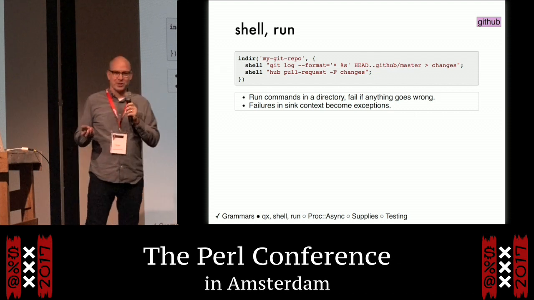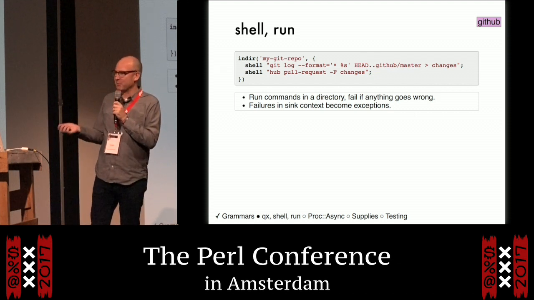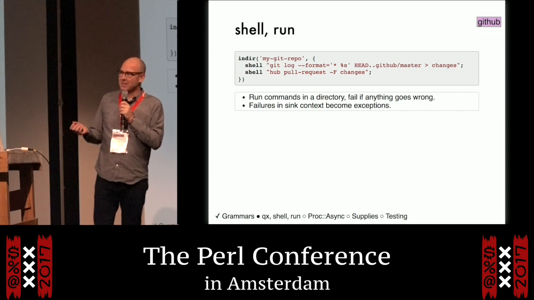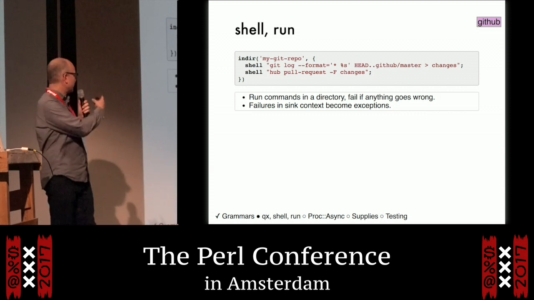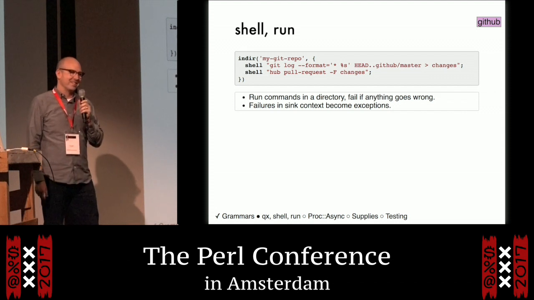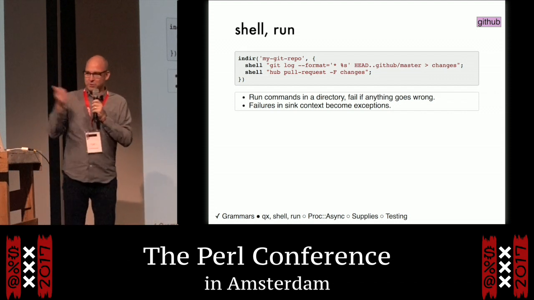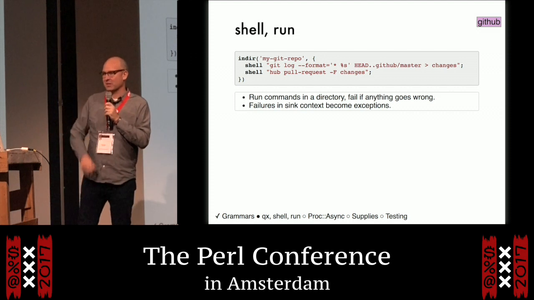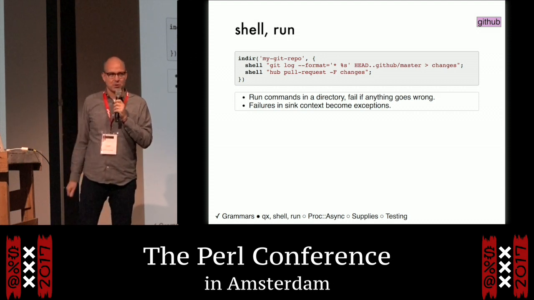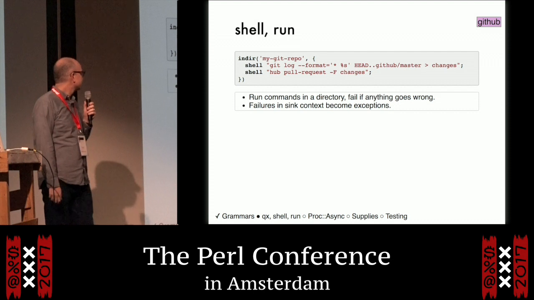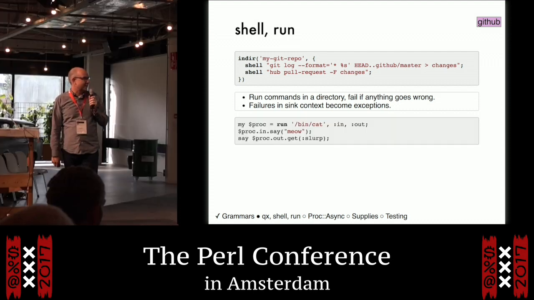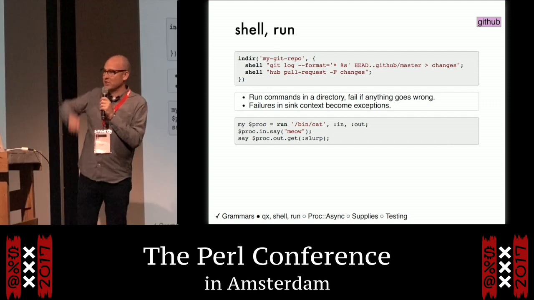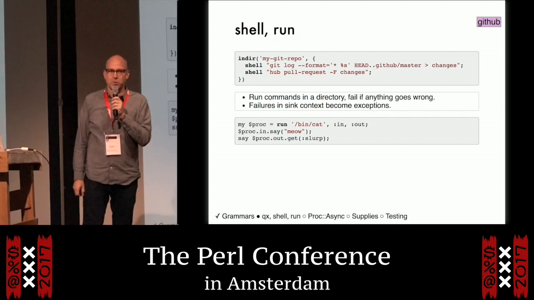A failure is really cool because it's kind of like a delayed exception. It doesn't get thrown unless you have it in a sink context. So in other words, if it's a statement like this, then if your command exits, an exception gets thrown, it doesn't go on to the next command. If it weren't in a sink context, you could assign to it, and then you would get a proc object.